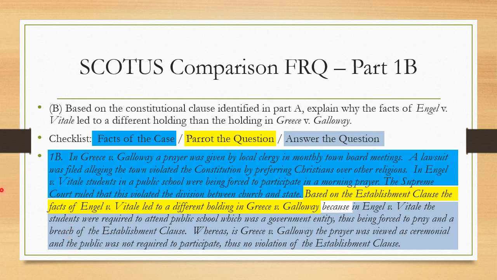That is a really good way to do it. However, you're not required to break it up that way, although if you want to, it's a great way to make sure you get all the points on this question. But again, you're not required to. All I want you to do is describe the facts of the case and then answer the question and explain why there was a difference in the holding.